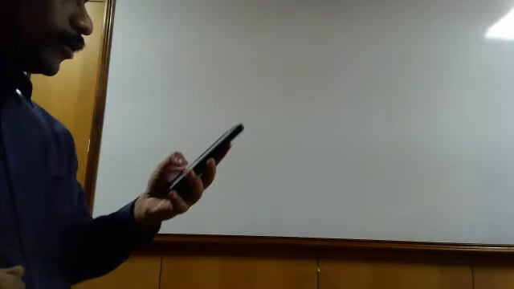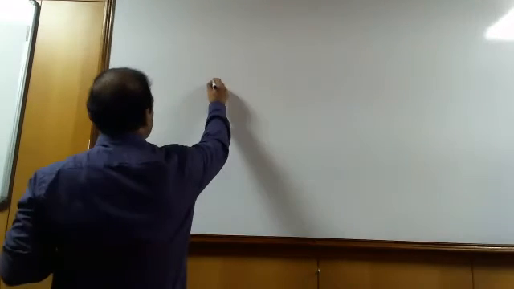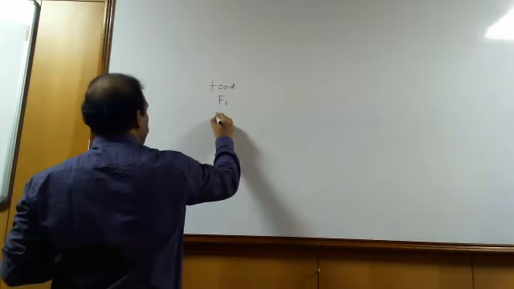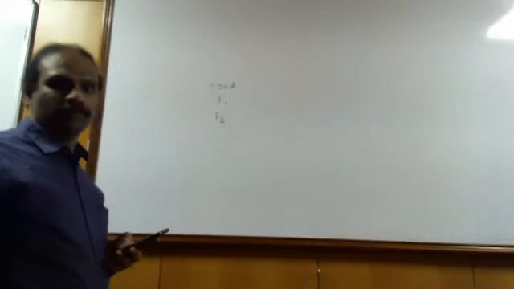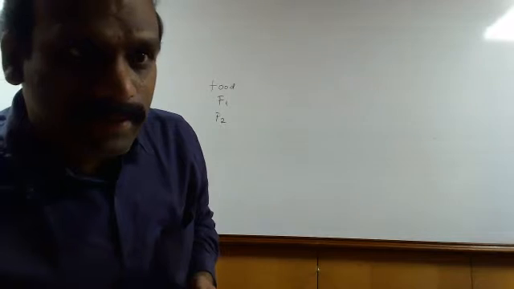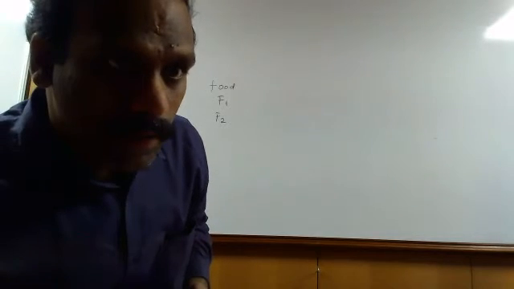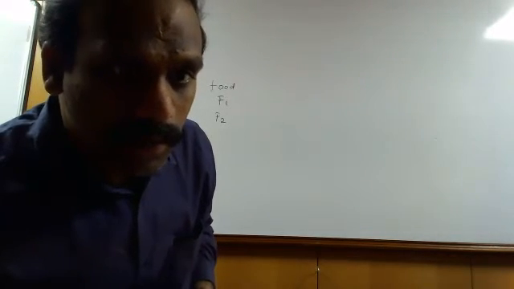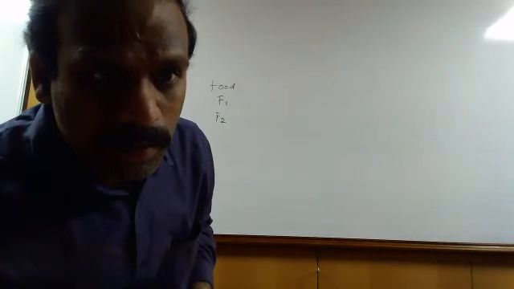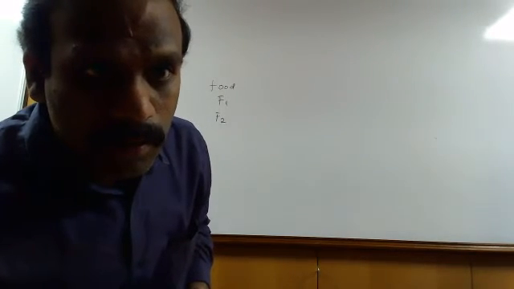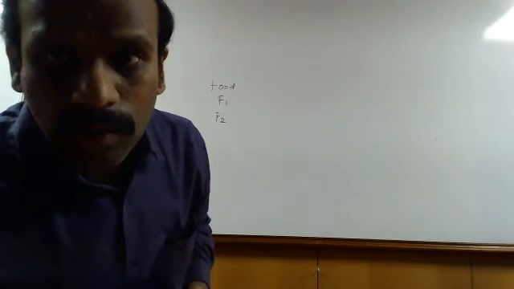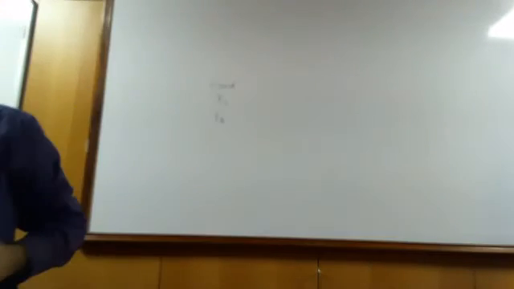So here they've given that there are basically two types of food. One is F1 and the second one is F2. There are two types of food here.